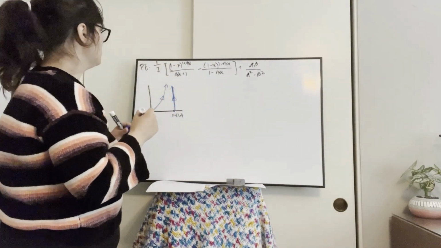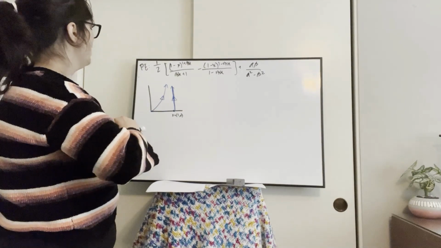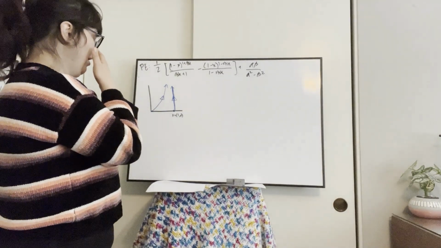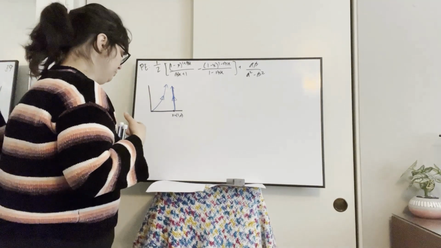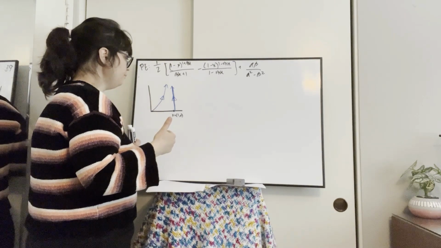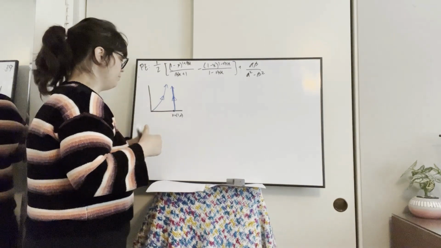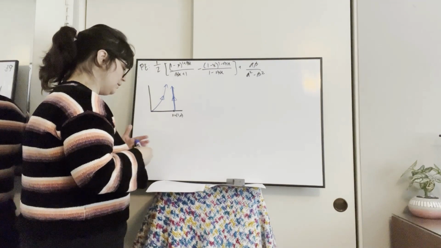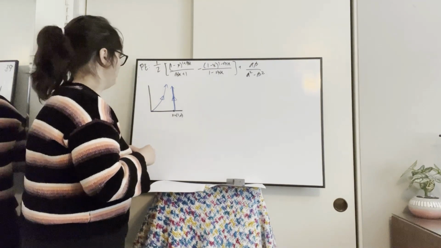So to figure out where vessel A will intercept vessel B, we're going to plug in x equals 1 because that's where we know vessel B is, and then y is what we will be solving for.